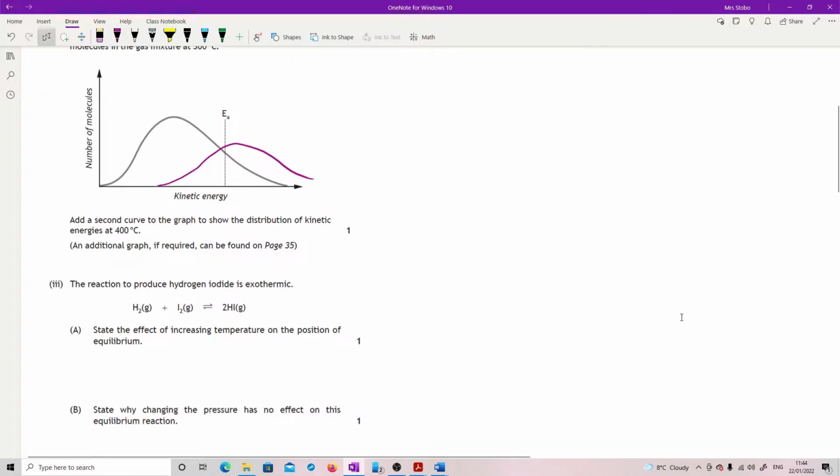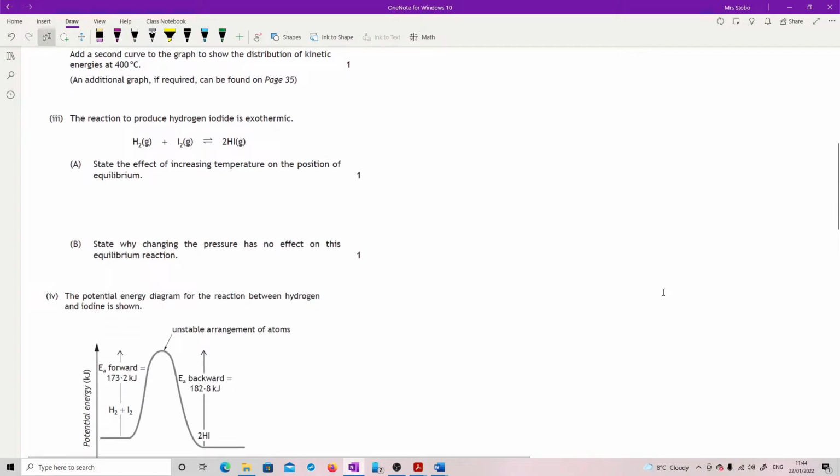That's it. The reaction to produce hydrogen iodide is exothermic. State the effect of increasing temperature on the position of equilibrium. So what they're saying is that the forward reaction has a negative delta H. That's the exothermic. If I increase temperature, I am not going to favour the exothermic, because Le Chatelier says whatever you do, it will try and minimise that disruption.